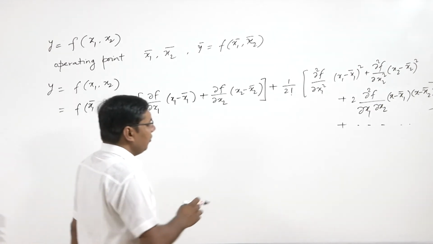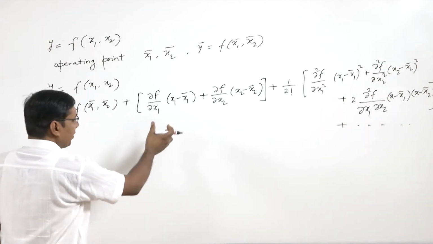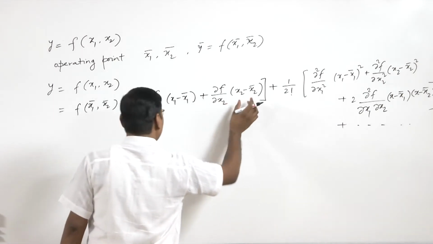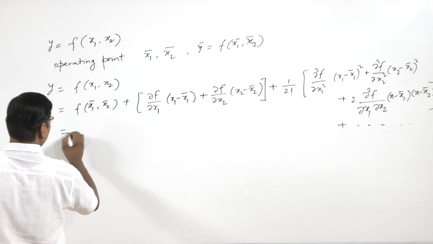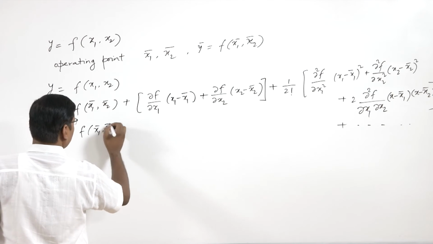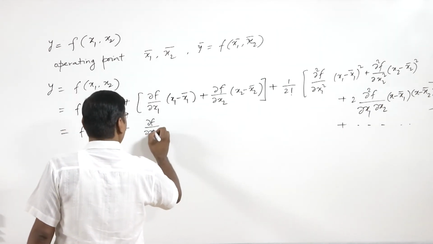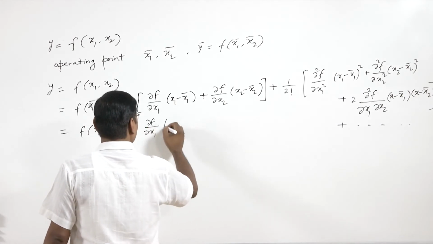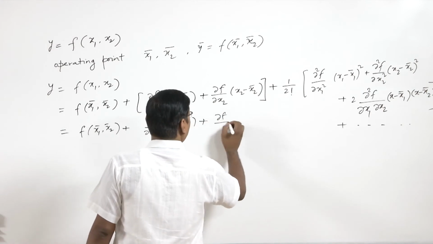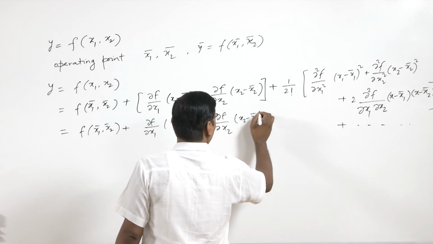Now if we neglect these terms and higher order terms, assuming that the differences x1 minus x1 bar and x2 minus x2 bar are very small, we will get f(x1 bar, x2 bar) plus del f by del x1 times (x1 minus x1 bar) plus del f by del x2 times (x2 minus x2 bar).